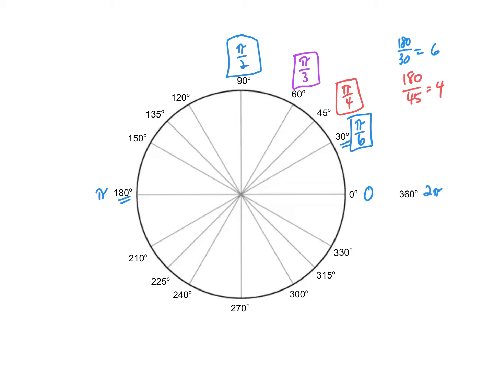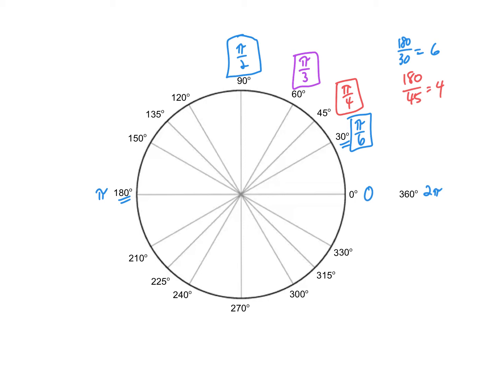Well, all the rest of them are just multiples of these 3. And like I said earlier, they're really just multiples of 30 and 45, because 60 is a multiple of 30. So you can think of these 3 that we found, 60, 45, and 30, or pi over 3, pi over 4, pi over 6, and you can expand that out.